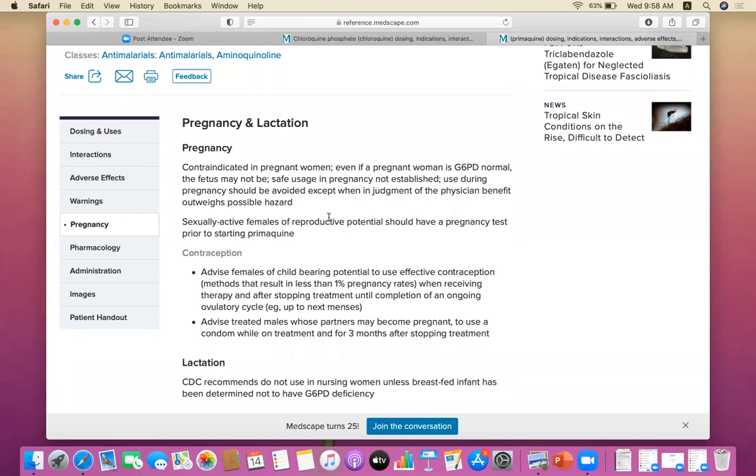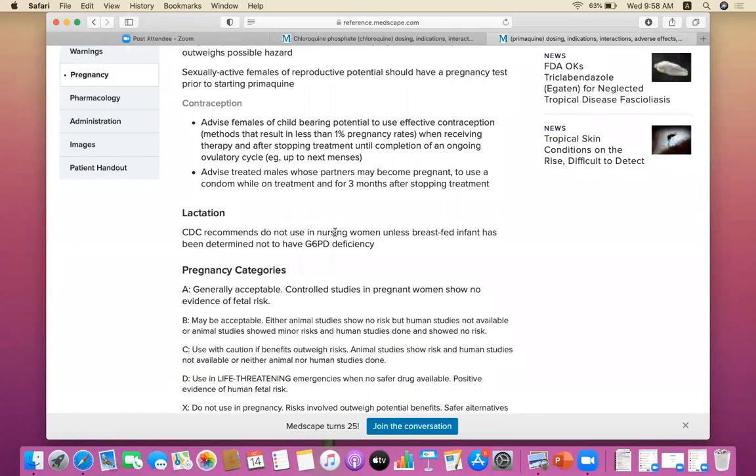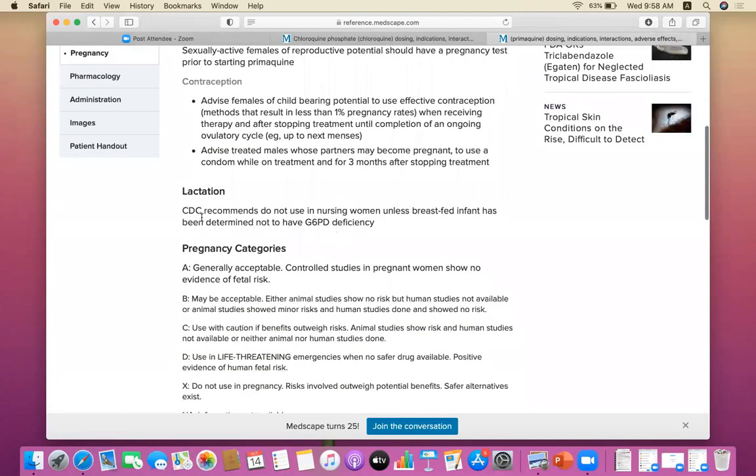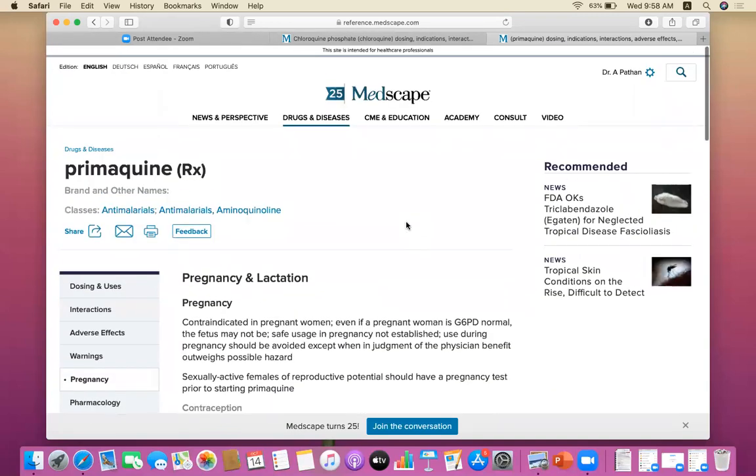Sexually active females of reproductive potential should have pregnancy tests prior to starting primaquine. Also in lactation, the Centers for Disease Control recommends not to use in nursing women unless the breastfed infant has been determined not to have glucose 6 phosphate dehydrogenase deficiency.